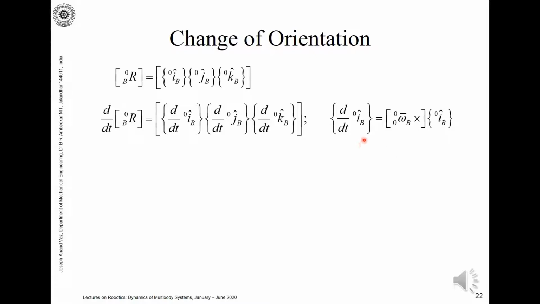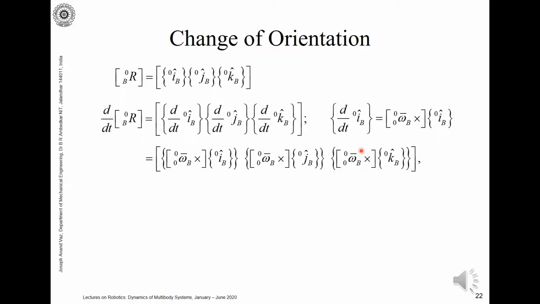And we know that the rate of change of a constant magnitude vector is equal to omega cross that vector itself. So we can do this for the ith unit vector, jth unit vector, and kth unit vector. We can represent each of these columns in this manner: omega cross i, omega cross j, and omega cross k.